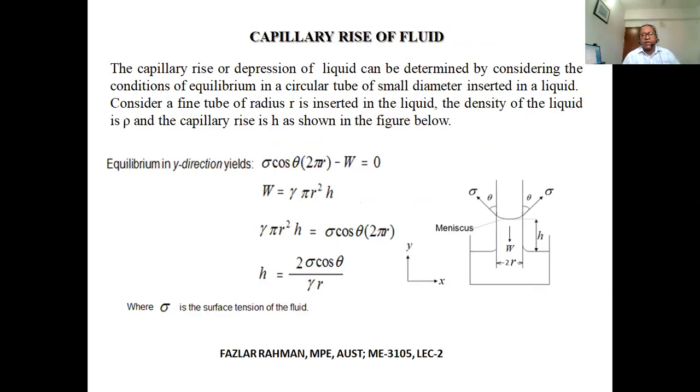Right. We already learned what capillarity of a fluid is, right? If you take a tube of very small diameter and keep it in water, then you will see that the height of the water in the jar is at this level.